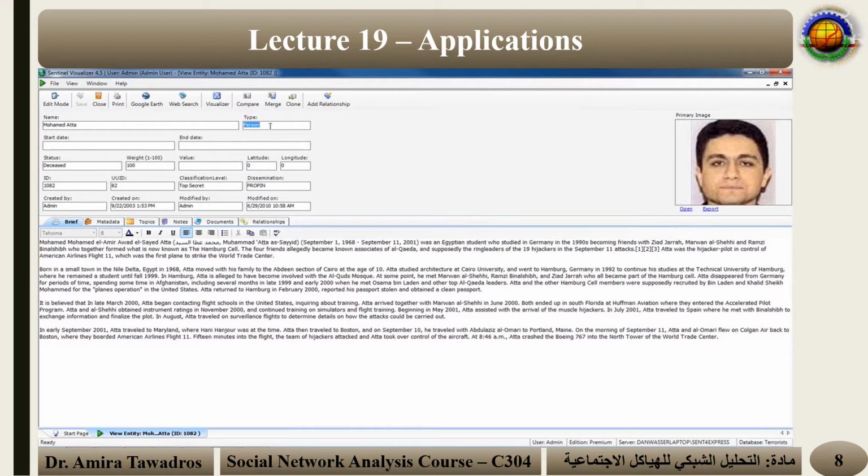An entity could be a company, a location, or an organization. But in this case, it is a person, and here we have all the attributes or properties of this person in the upper part of the screen, and also a brief description of that person in the lower part of the window.